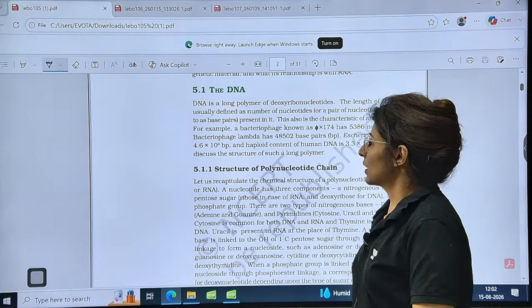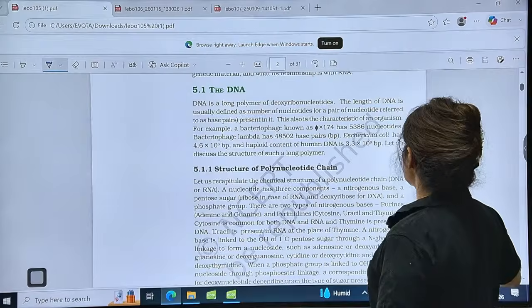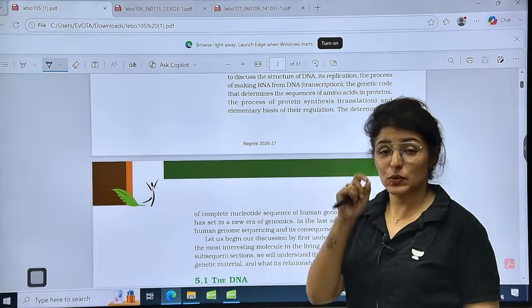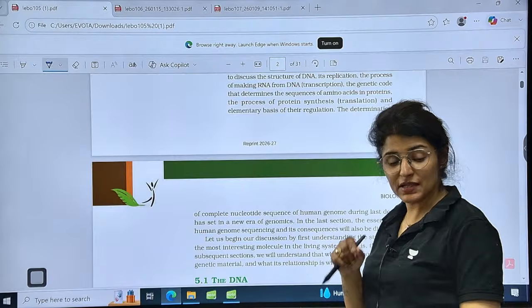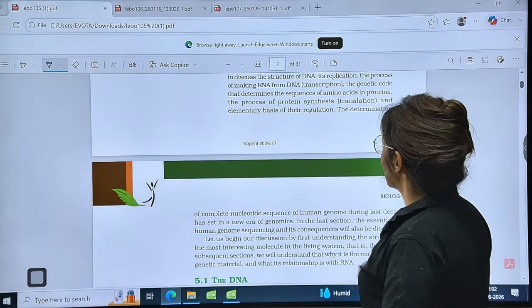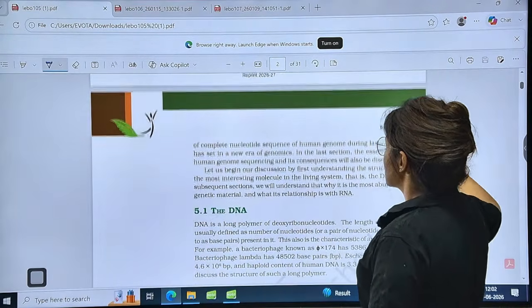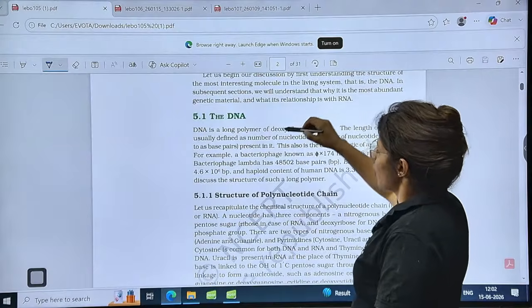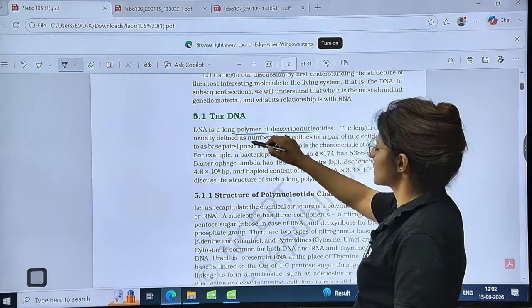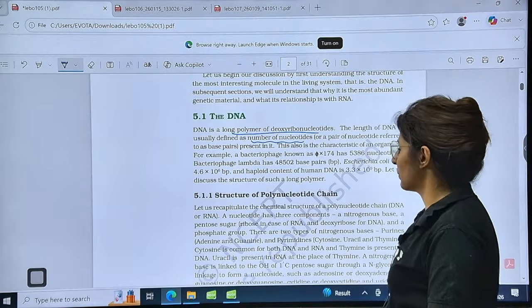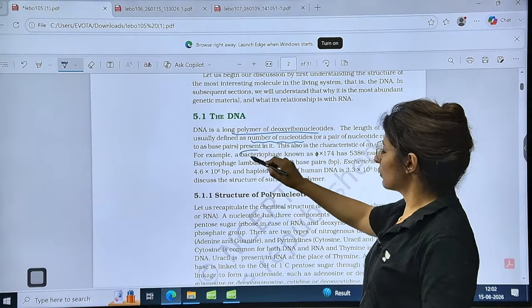Anyways, so guys, this is molecular basis of inheritance, and we know what is the molecular basis, which is the chemical principle of inheritance. That chemical basis of inheritance is DNA, right? So starting with DNA, it is a long polymer of nucleotides, right? What is the length? Length depends upon the number of nucleotides or the pair. Now, in case of bacteriophage, you have to remember this.